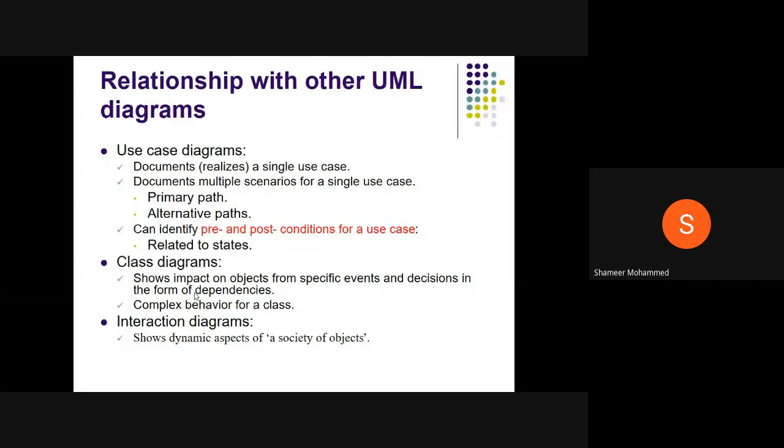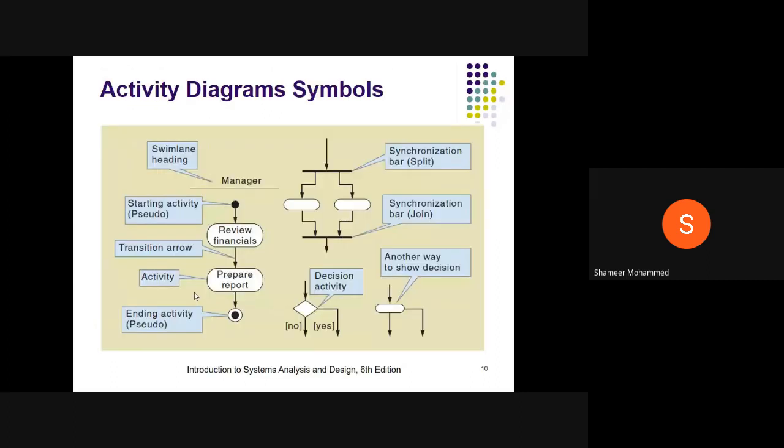Now how it is showing you the relationship with the other diagrams, you can see in the forthcoming slides. And these are the symbols you have to use when you draw an activity diagram. Before you start the activity, you have to use this symbol, the black circle.